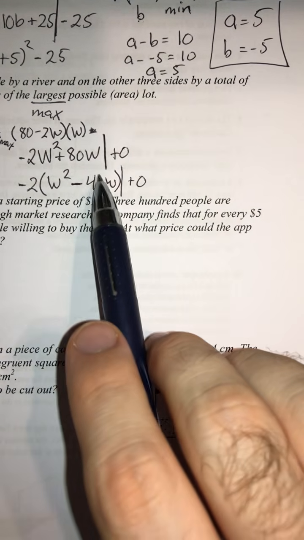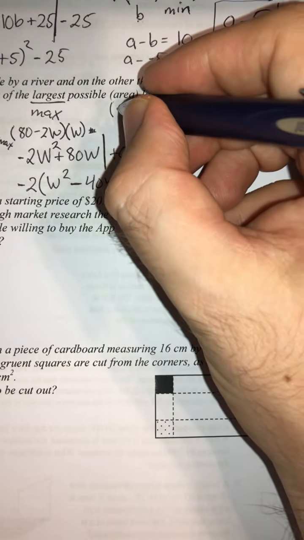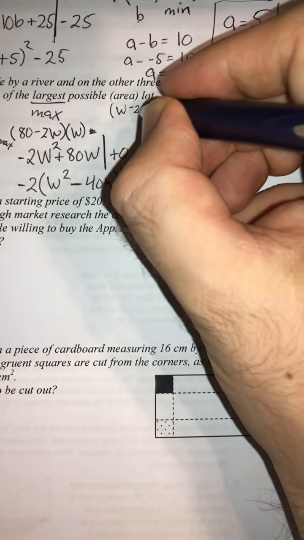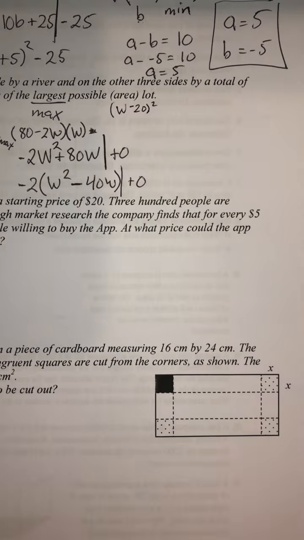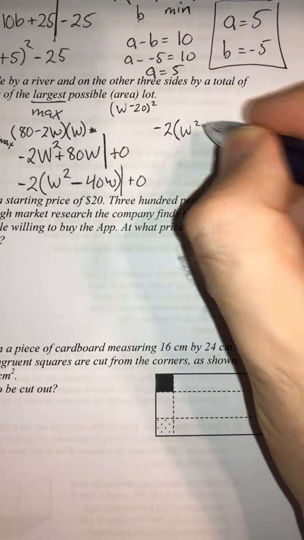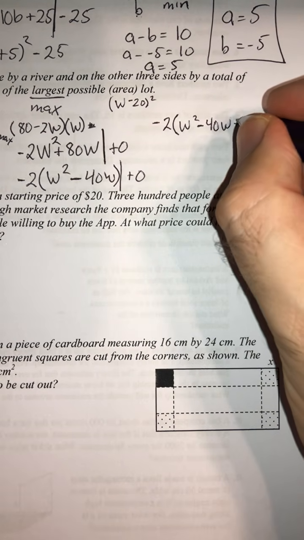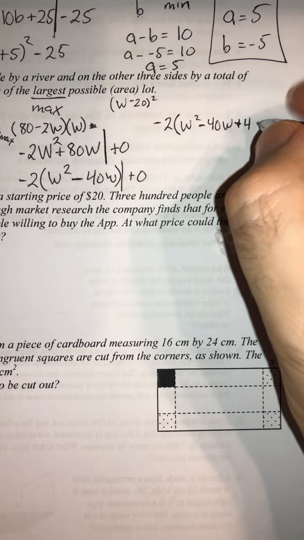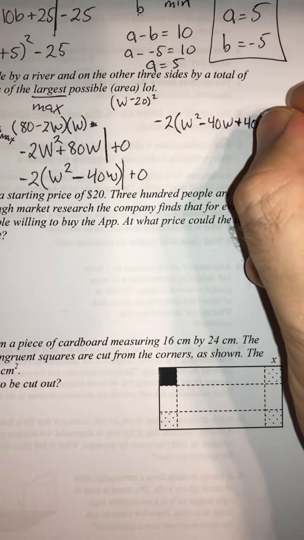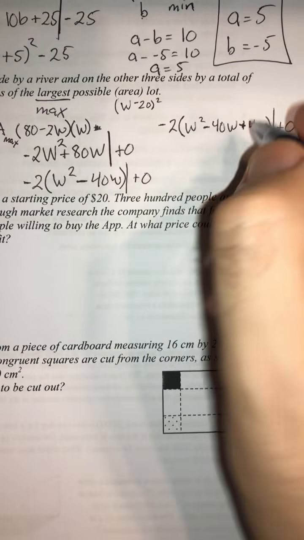I want to figure out what the perfect square of this is, so I divide this by 2. I should be getting W minus 20 squared is what I'm looking for. So I'll end up with negative 2 times W squared minus 40W plus 400, and then I've got the plus 0, and I also need to deal with this.